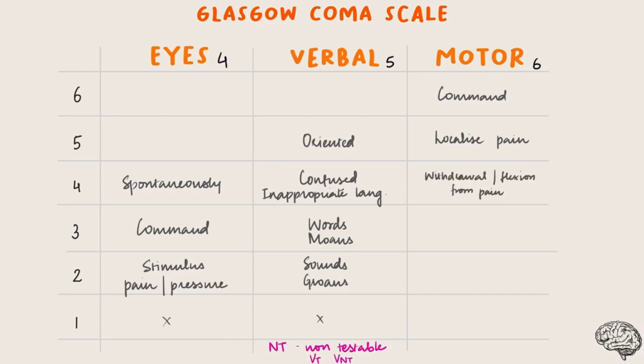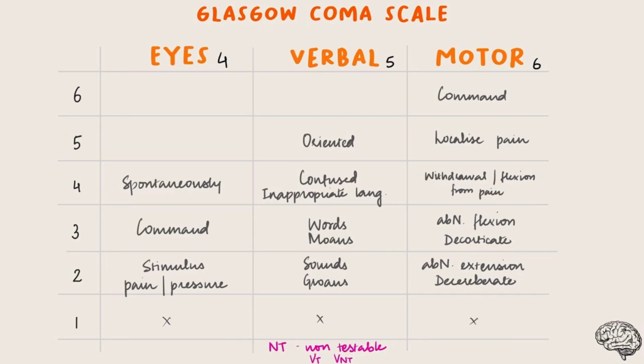And when they assume abnormal posture, which would be a decorticate posture or abnormal flexion, we give them a score of 3. A score of 2 is assigned when the patient is in abnormal extension. This is also known as decerebrate posture. We'll talk about them a little while later. When the patient does not show a motor response, we give them a score of 1.